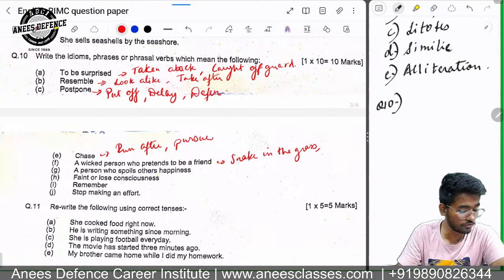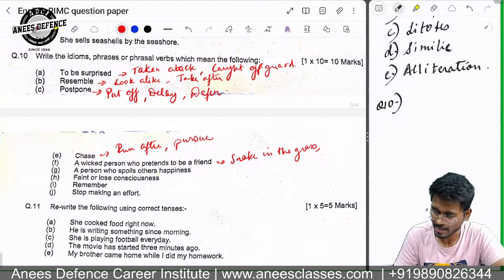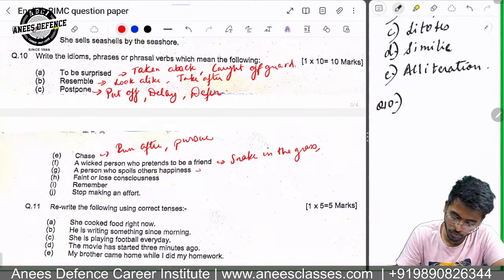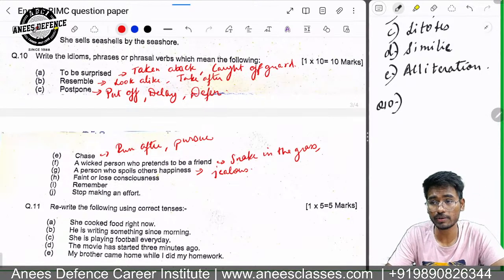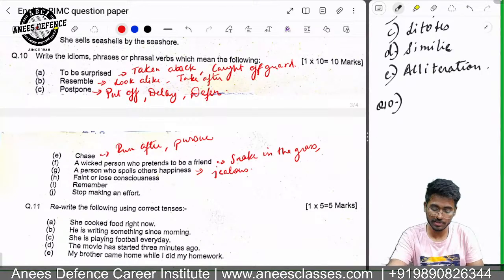Okay. You can also write wolf in sheep's clothing. This is a particular idiom you can write, and many more idioms which are just similar. A person who spoils others' happiness. You can write jealous. Okay. You can write one more thing, any idiom if that is similar.